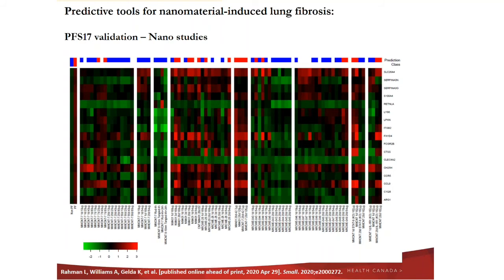Again, non-fibrotic conditions were mainly from the low dose exposures and the early post-exposure time points. So with this, even though validation can never be that effective because of the limited number of transcriptomic studies available, we can say that we were able to validate the PPS17 using as many studies as possibly available from the public domain.